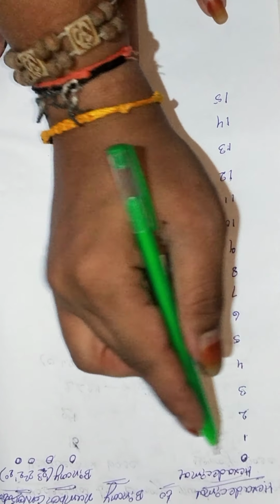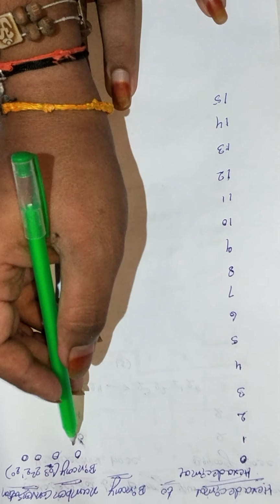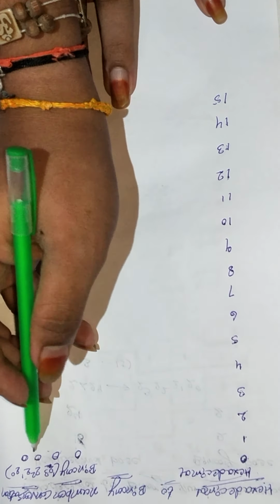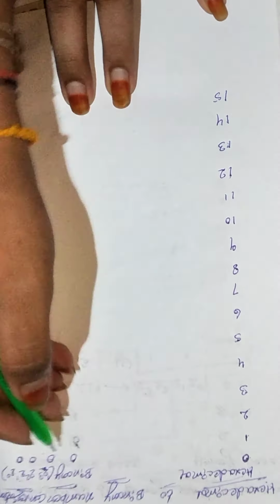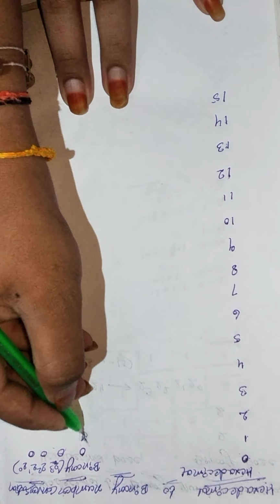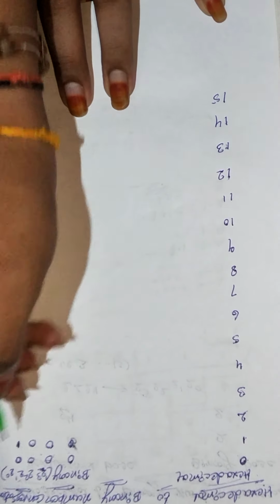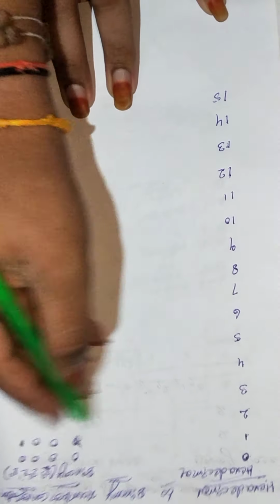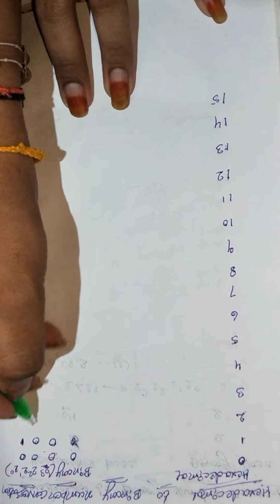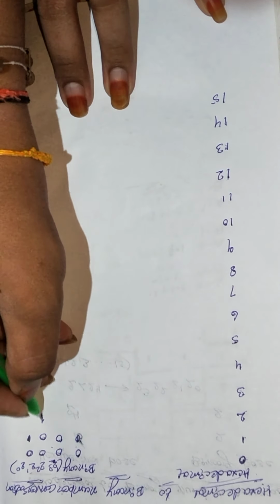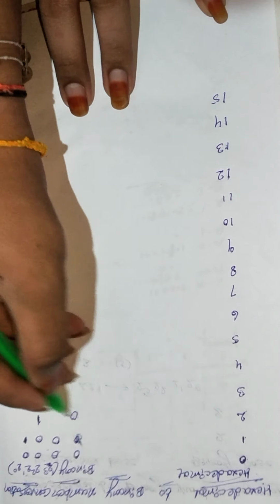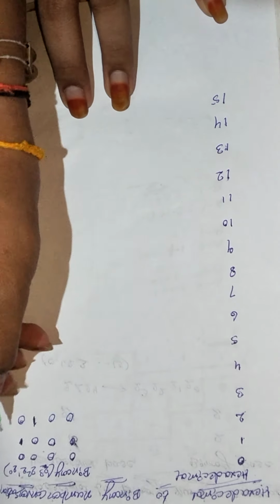Here 0 has no value, therefore the binary value comes 0, 0, 0, 0. For 1, that means 3 zeros and a final 1. Here 2 means 2 power 1, and remaining 3 zeros.